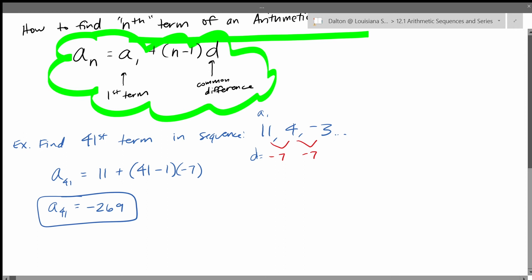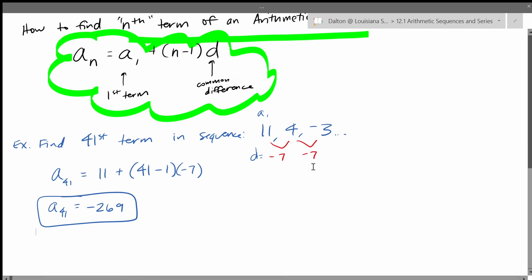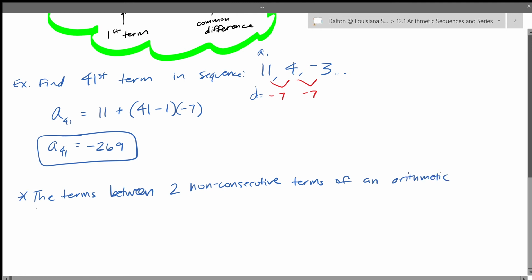Now, sometimes you're not going to be given the first part of the sequence. Sometimes you may know 2 terms of an arithmetic sequence that are not in consecutive order or at the beginning. So well, let's define this first before I ask you for it. The terms between two non-consecutive terms of an arithmetic sequence.